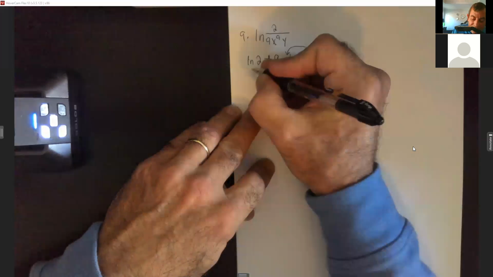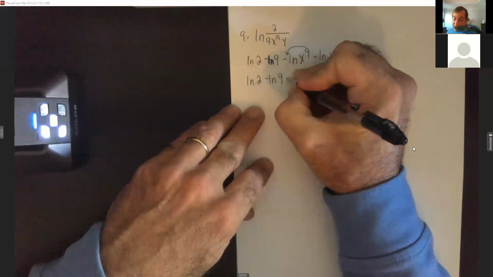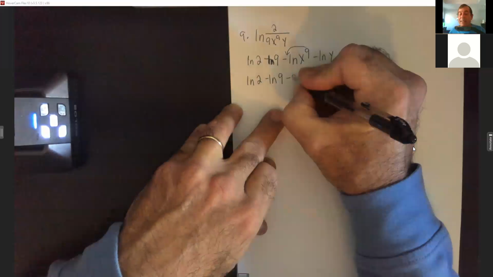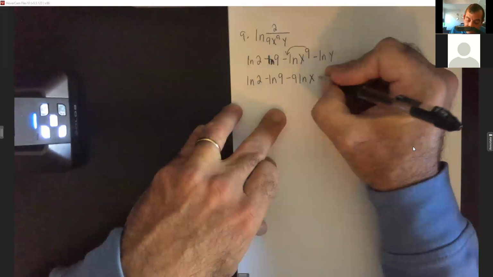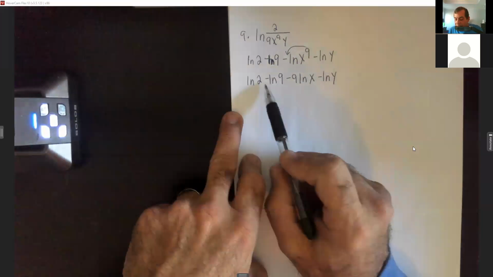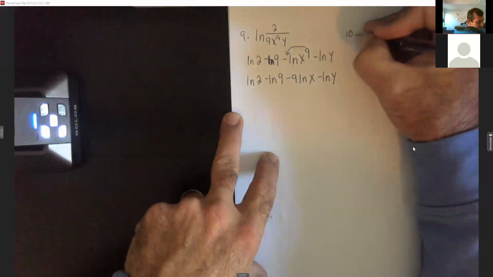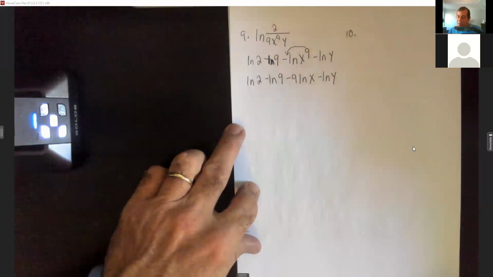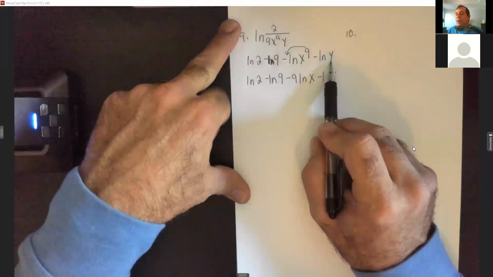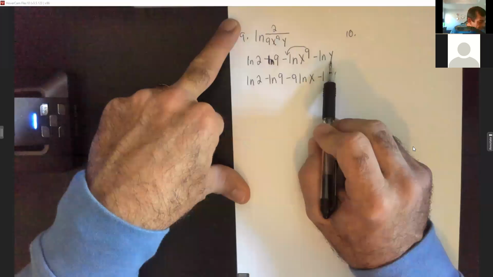So you got your ln of 2 minus your ln of 9 minus 9 ln x minus ln of y. So now notice I don't have any exponents left, so I'm happy. So that's the main thing you got to watch out for. If you put it in MATLAB at this point, it'll tell you you got the right answer, but it's not in the right form, okay?